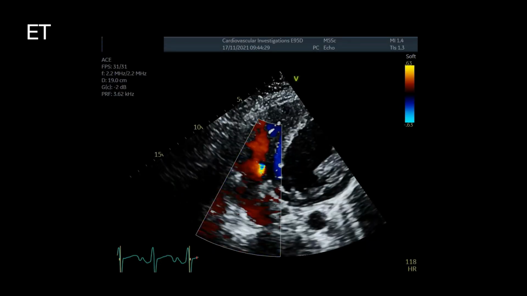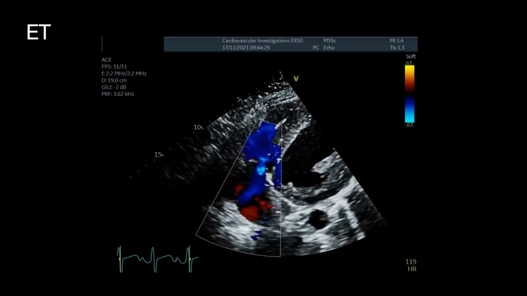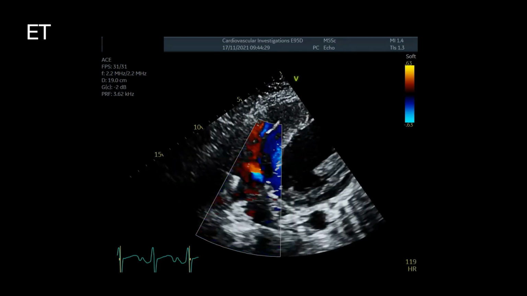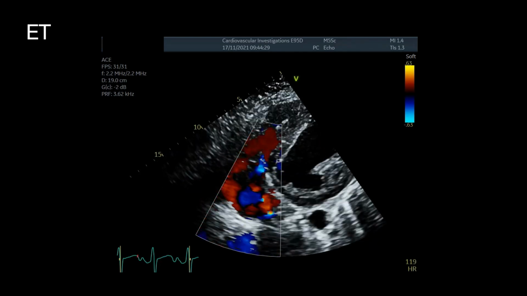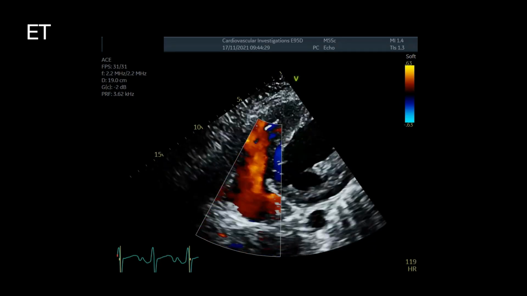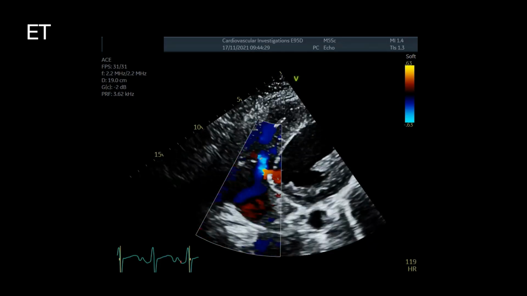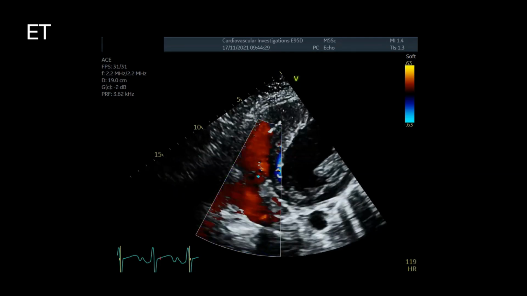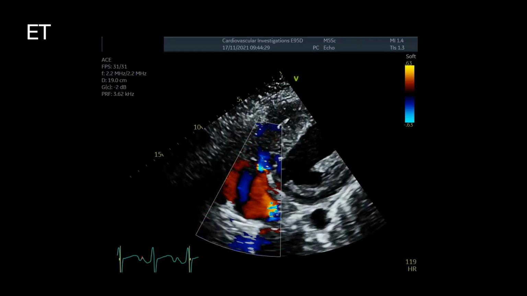And then colour over the tricuspid valve. We can see that TR a bit more clearly there, the light blue jet back into the right atrium during systole.